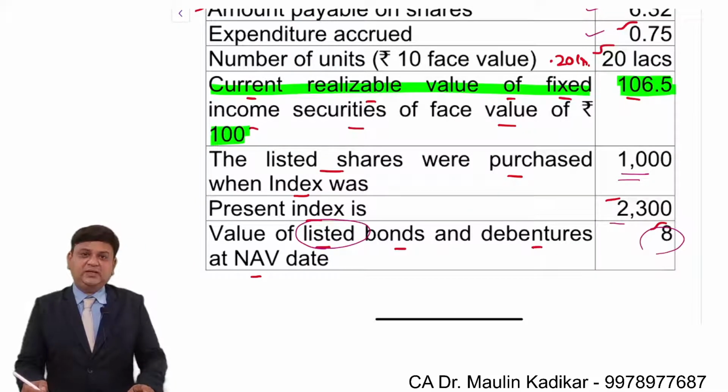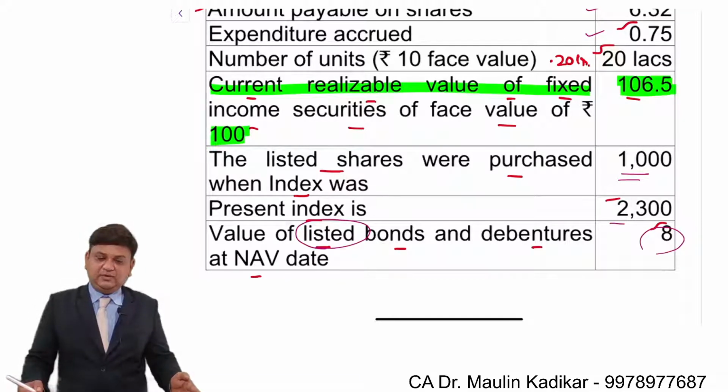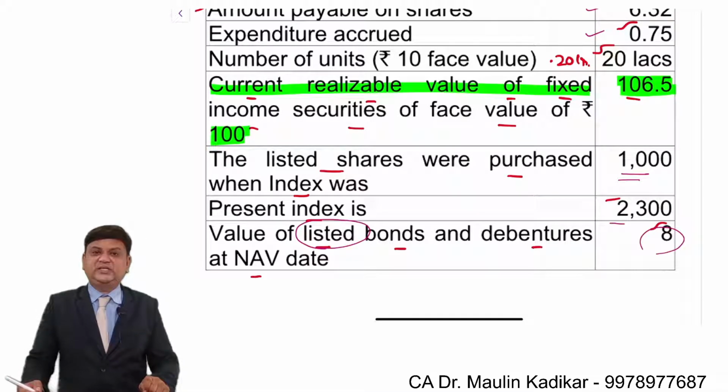So we understand that the market price of the security is at a premium. What was the price at which the investment was purchased? You can see that for that yet no information is given to us. Was it purchased at face value or was it purchased at premium? For that, at this point of time, there is no clarification.